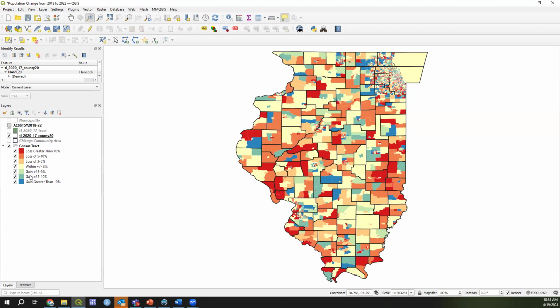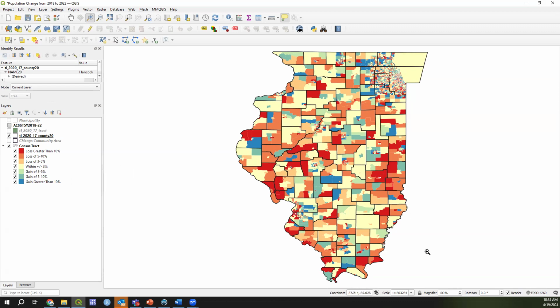And then the green to blue. Light green is slight gain, about 3 to 5%, and darker green represents 5 to 10% in population gain. And dark blue areas are the ones that had significant population gain, more than 10%.